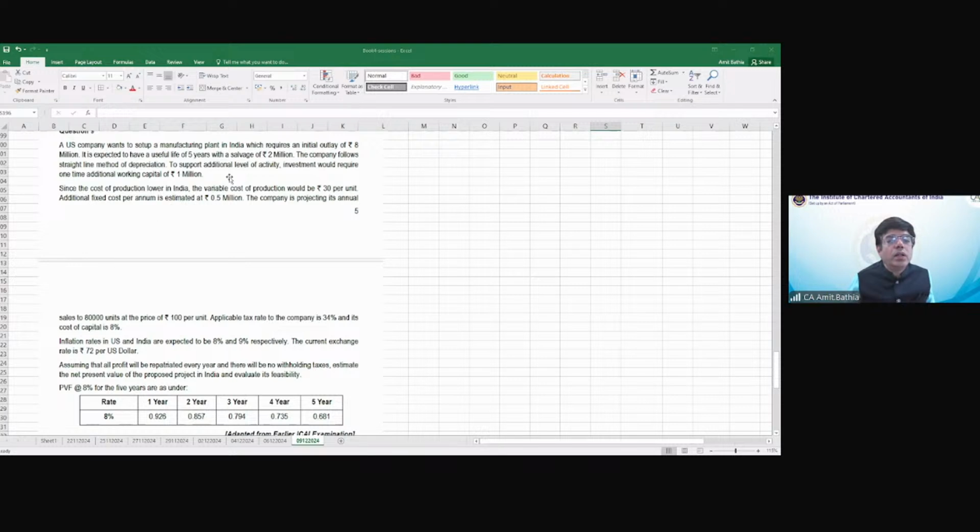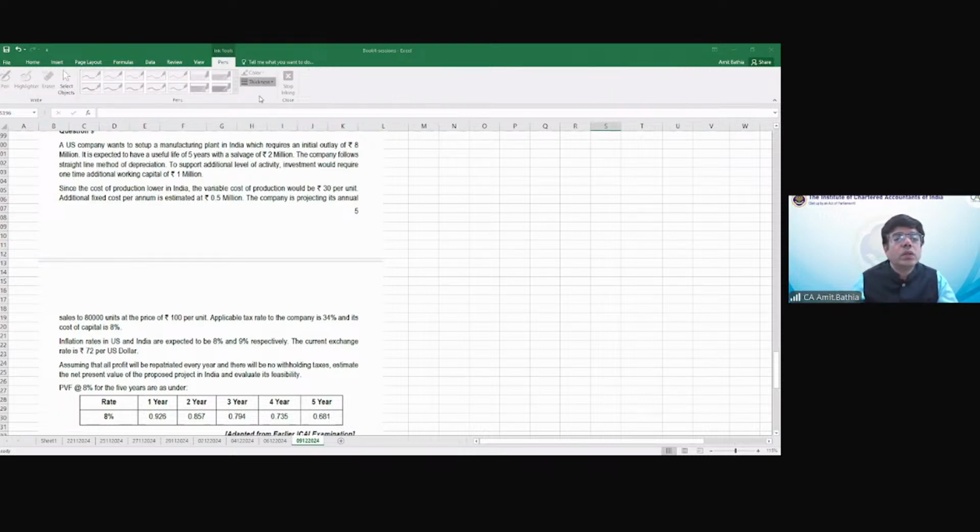Okay, all right. So, first and foremost, what is the question talking about? There is an initial outlay of rupees 8 million, right? So, initial cash outlay 8 million.